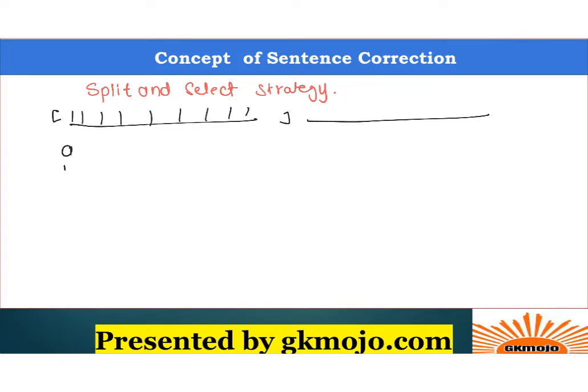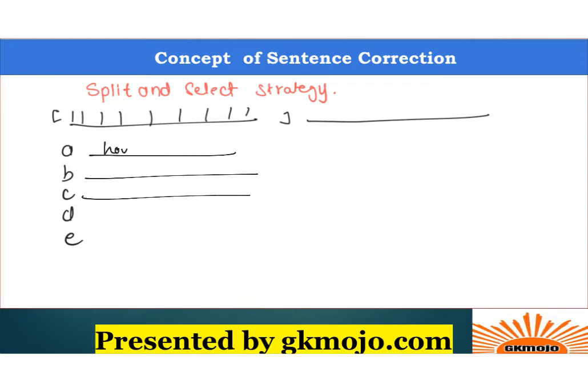There are options A, B, C, D, and E. Suppose the first three options have similar language, say 'have played', and the other two have something different, like 'has' and 'has play'. You have to identify the common part.